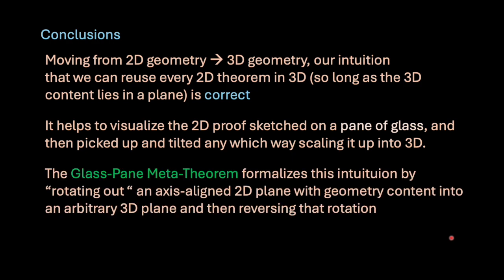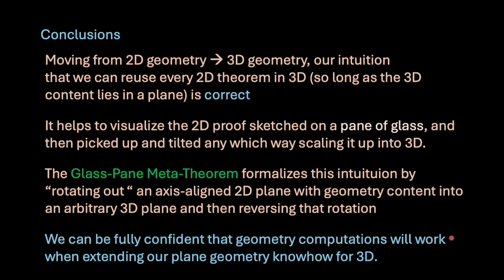And the glass pane meta theorem formalizes this intuition by rotating out an axis-aligned 2D plane with geometry content into an arbitrary 3D plane, and then just reversing that rotation. So bottom line, we can be fully confident that geometry computations, not just the math theory, but the computations, will work when extending our plane geometry know-how to 3D.